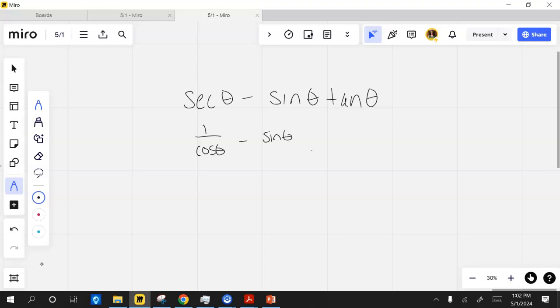Now what? Times. I will tell you, I always find it helpful whenever I get stuck to go as basic as possible. In other words, if I can write everything in sines and cosines, I do, to try to eliminate some stuff. That was a hint for that one.